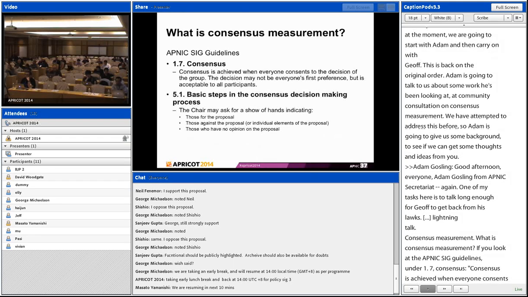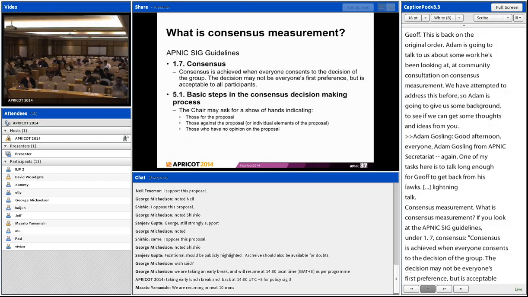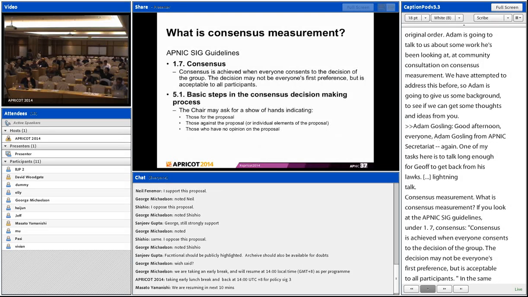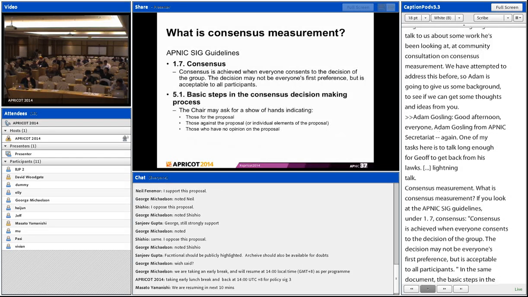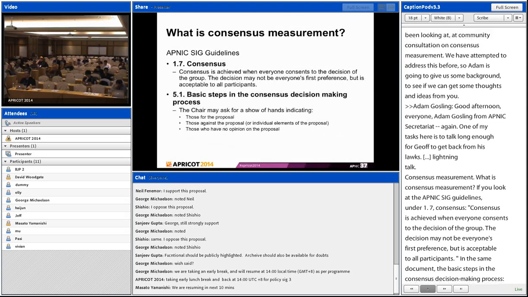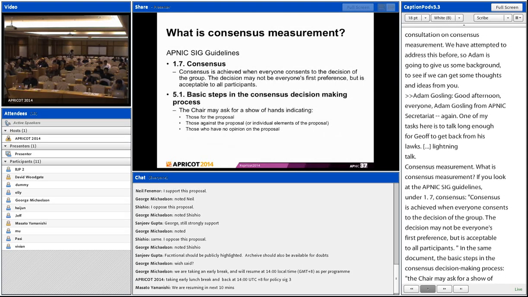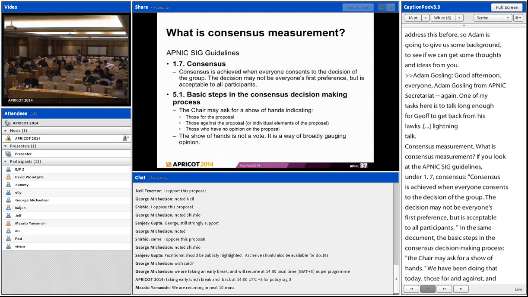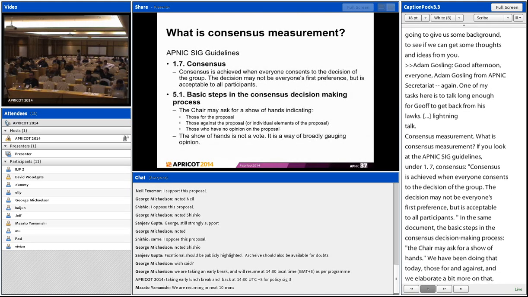In the same document, in the basic steps in the consensus decision-making process, the chair may ask for a show of hands, and we've been doing that today. Those for and against, and we've elaborated a bit more on that, and those who have no opinion. For any in the room who aren't familiar, it is not a vote. It's a way of broadly gauging opinion.